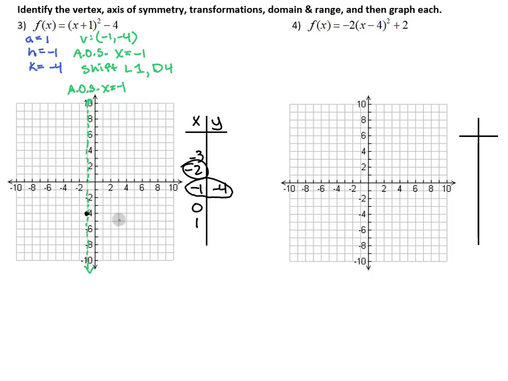So I can plug one in or the other, but I should get the same answer both times. So we're just going to plug in 0 here. So rather than f of x, I'm going to do y. We're going to plug in 0 for x. 0 plus 1 squared minus 4. So order of operations, we simplify in the parentheses. Then we would do our exponent. 1 squared is 1. And then add or subtract. We would next multiply if there was an a value out here, something other than positive 1.